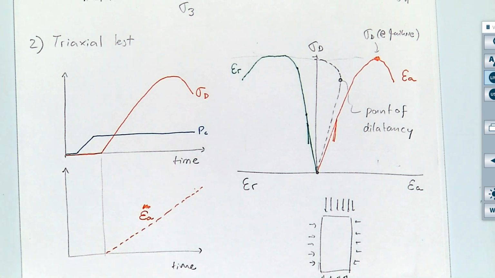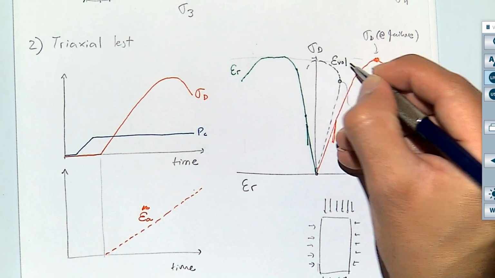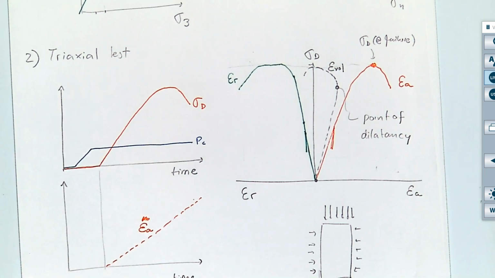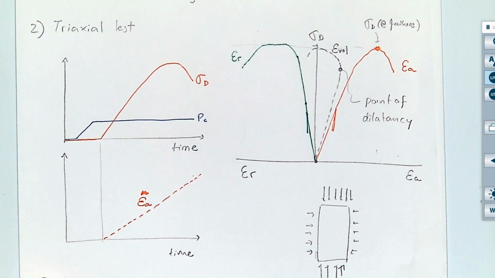So again, this is going to be the volumetric strain, and it's going to be an indicator of where the rock starts to fail. And this is basically almost everything I want you to do for that problem number 2.